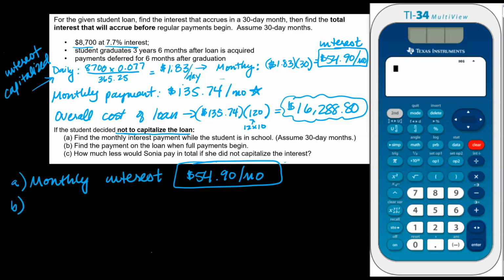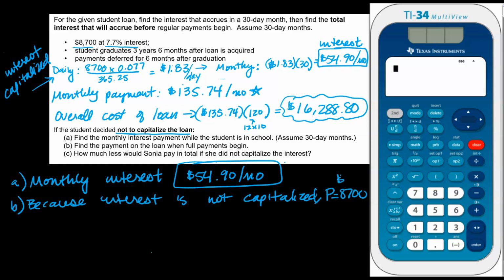And so then for B, it says find the payment on the loan when the full payments begin. Well, when she graduates, and after this deferment period, she actually hasn't accumulated interest like she did in the previous example because she's been paying on it. And so the nice thing now is, because interest is not capitalized, P, our principal, is just going to be $8,700.